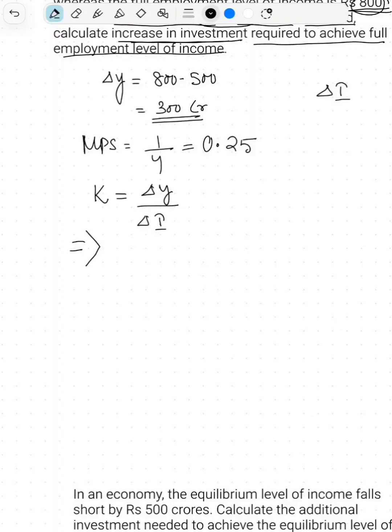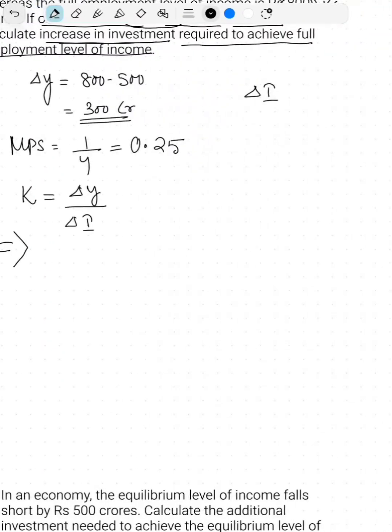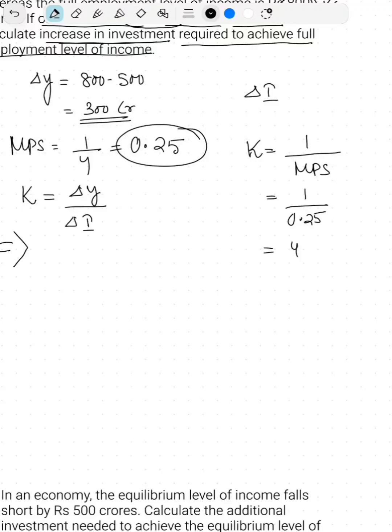The multiplier K is equal to 1 divided by MPS. We know the MPS, it is 0.25. So 1 divided by 0.25, it is 4.